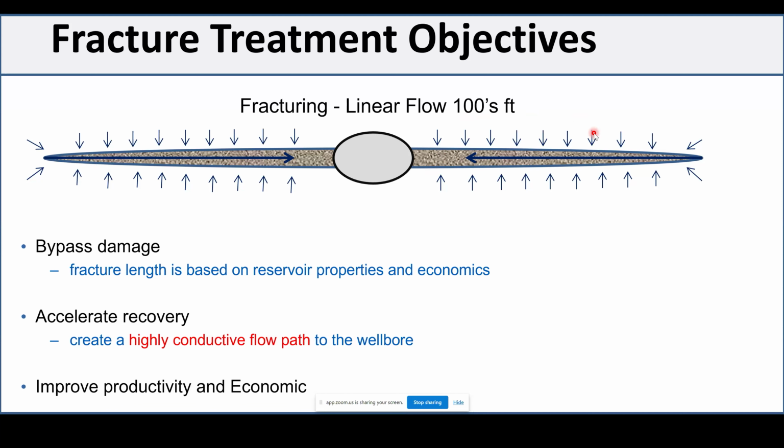That will definitely accelerate the recovery and the production, by changing the way the hydrocarbon flows inside the reservoir. So if you have better productivity, you will definitely have better economics and better production from the well.